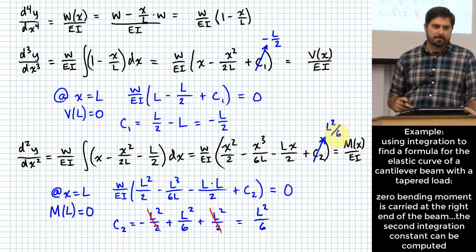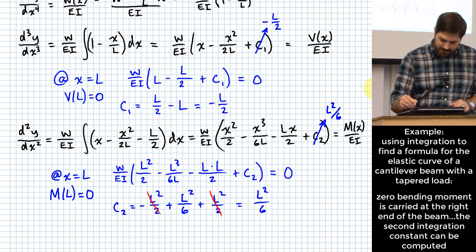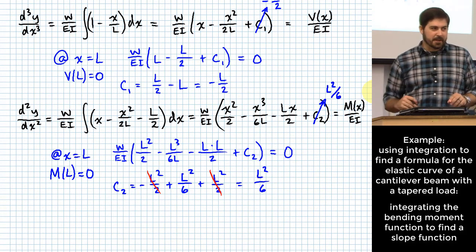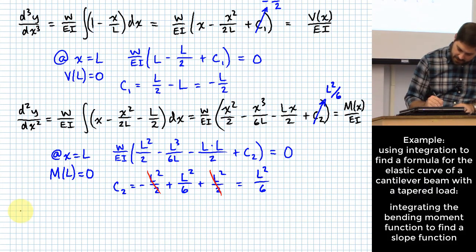And what's my next step? I've got to take another antiderivative. What that will do down here is take me to a slope, dy/dx. This is going to be, again, I'll pull out the W over EI.